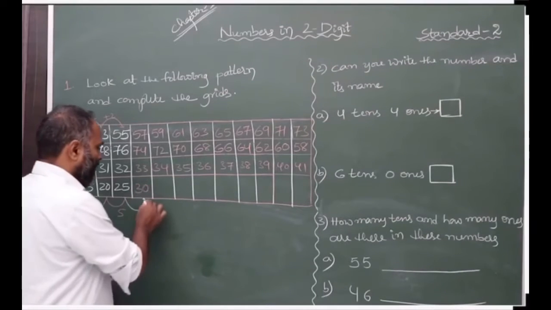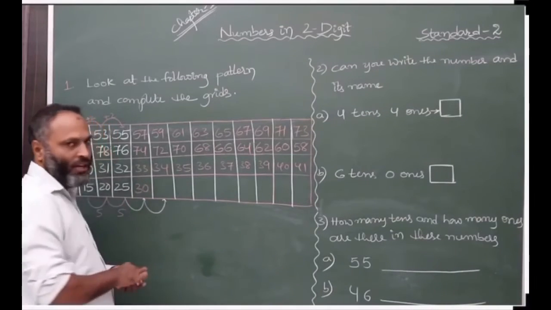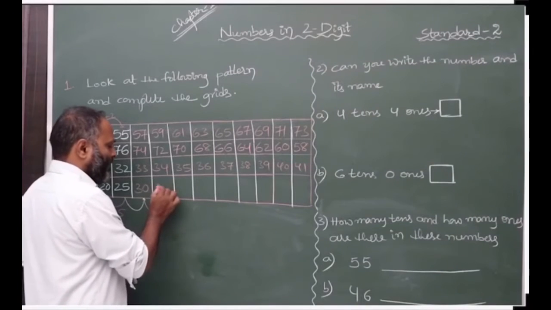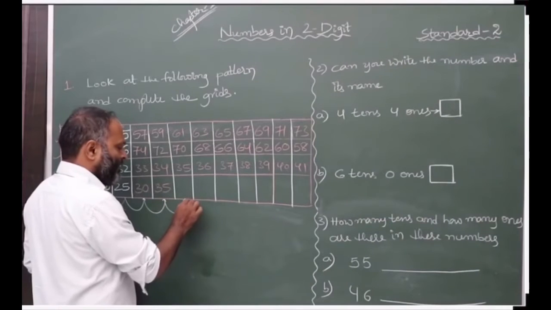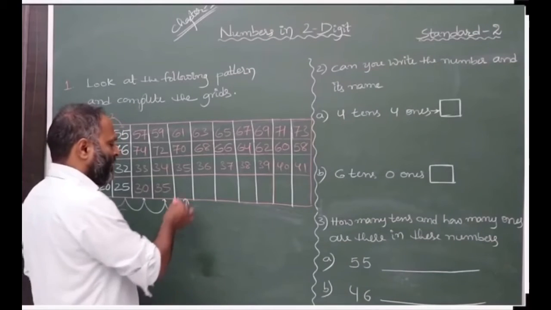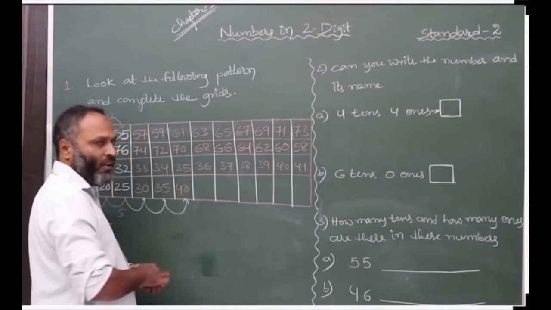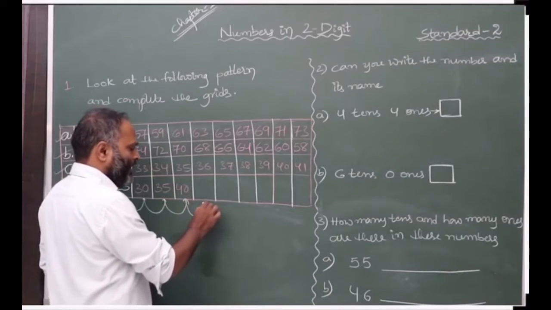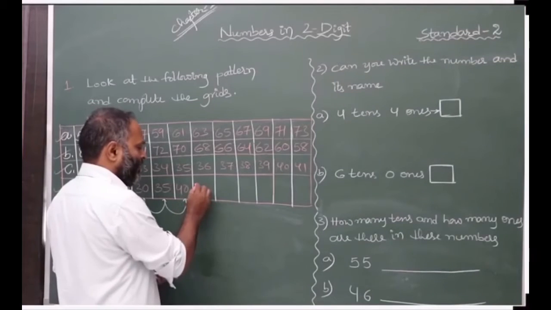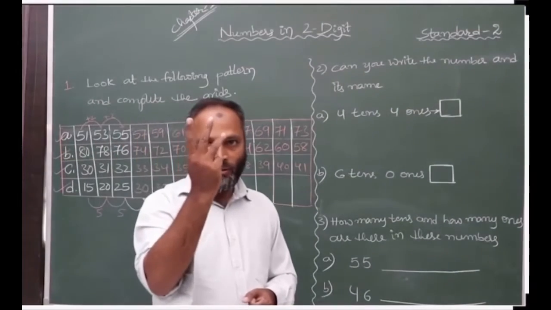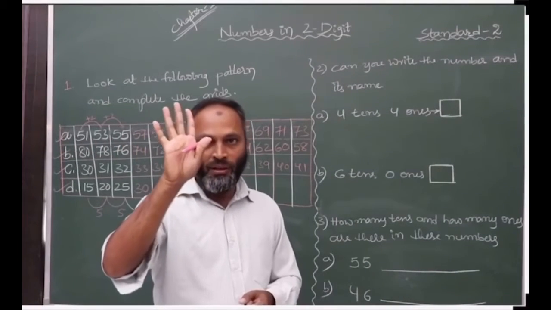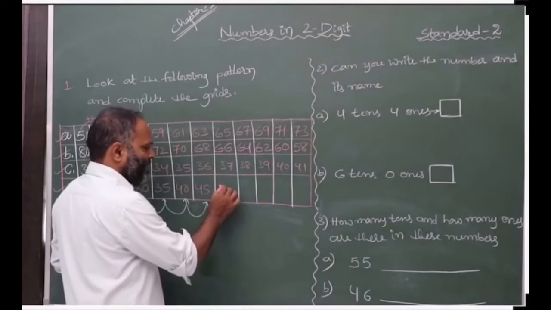From 30, if we increase by 5, we get 35. From 35, if we increase by 5, we get 40. From 40, if we increase by 5, we get 45. How to increase: 45, 46, 47, 48, 49, 50. In this way we have to increase.